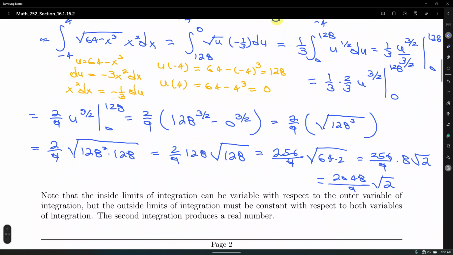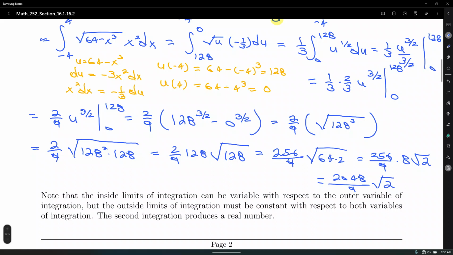So the innermost limits of integration can be simply numbers or variables with respect to the outermost variable, while the outermost limits of integration are only constant values. This is to ensure that the final answer for a double or a triple integral will be a constant, a number that means something.